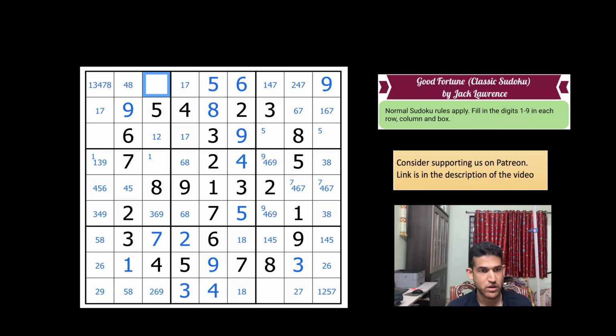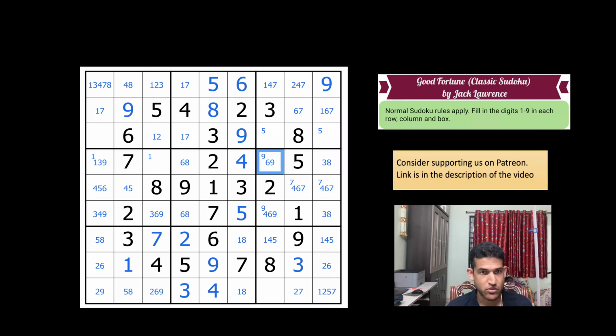So this is a 1, 2 or a 3, right? Oh, I missed something simple here.